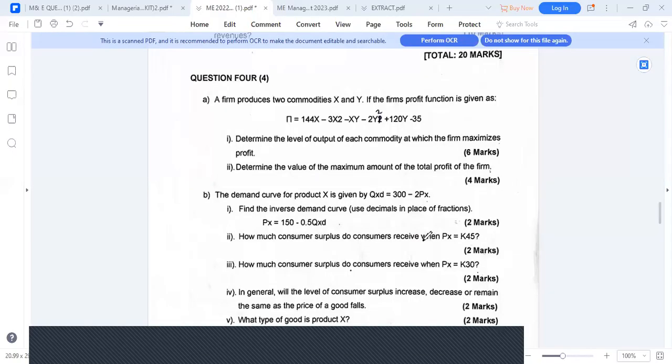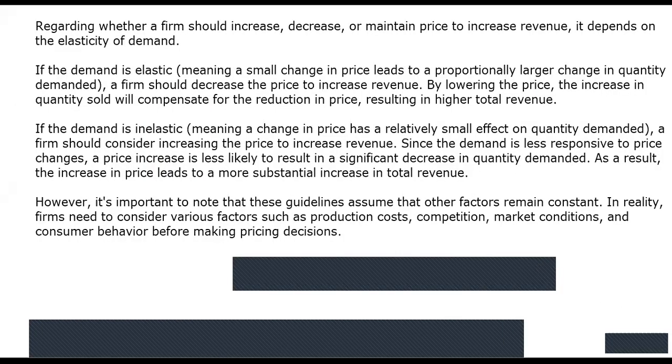Now let me take you to question number 4, where we're going to use this equation to optimize, 10 marks. Optimize profit and find the total profit. To start with, you're given the profit function, which is given by the function that I've given you there.